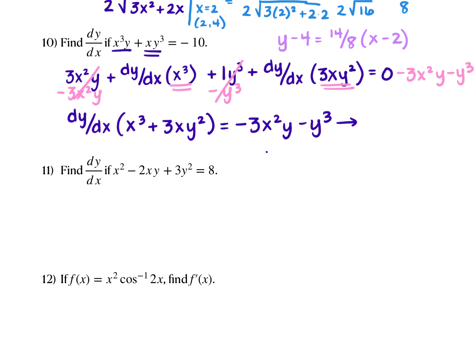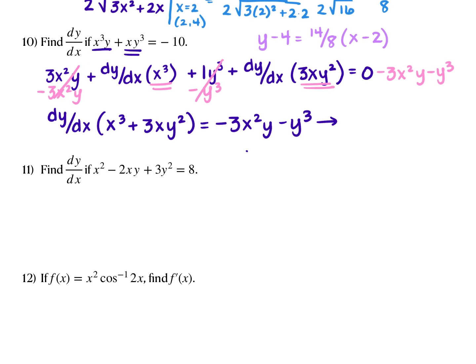And instead of moving up and down, I'll just move to the right here. So now I'm going to say dy dx equals, the right side of my equation is still there. So negative 3x squared y minus y cubed. Oh, one space there. Sorry, guys.